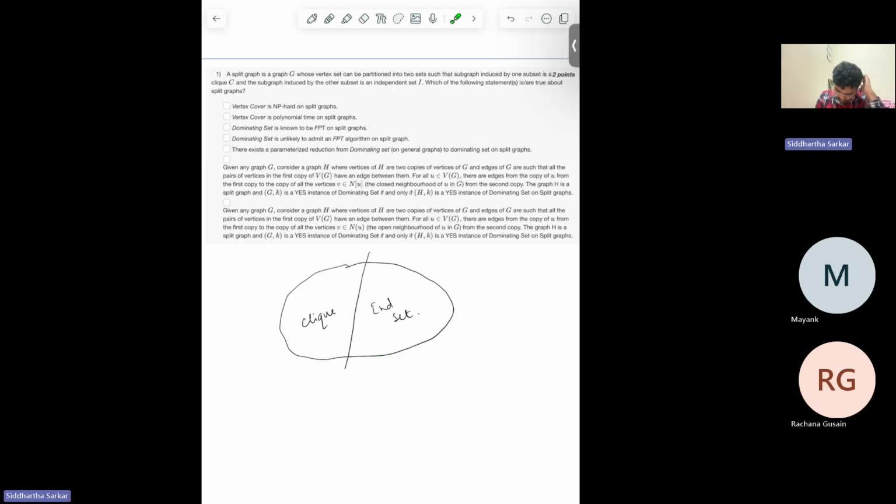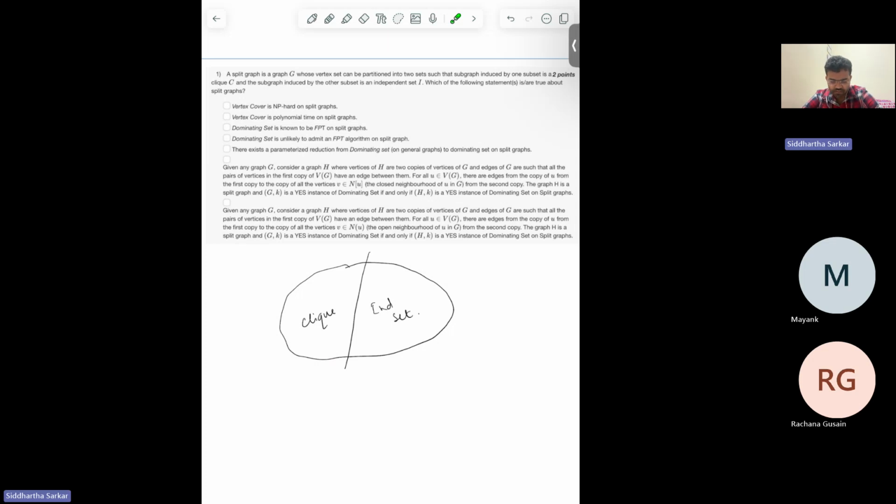Okay, so now I'll give you a few minutes to think about whether finding the vertex cover is going to be NP hard on split graphs. We have seen reductions from known NP hard problems in this week.